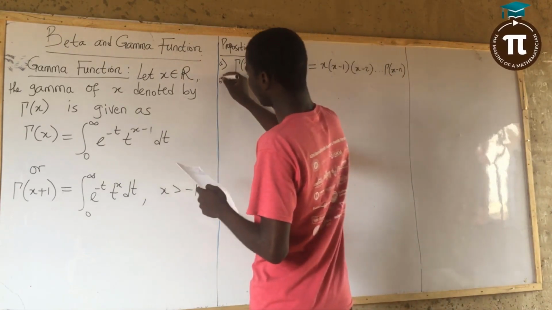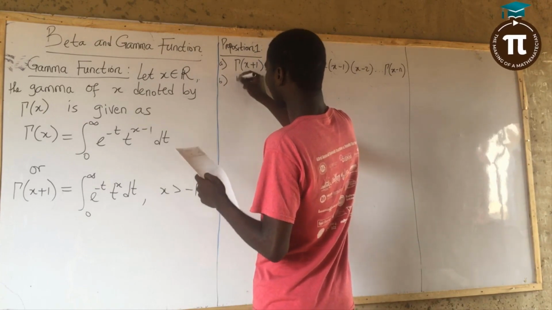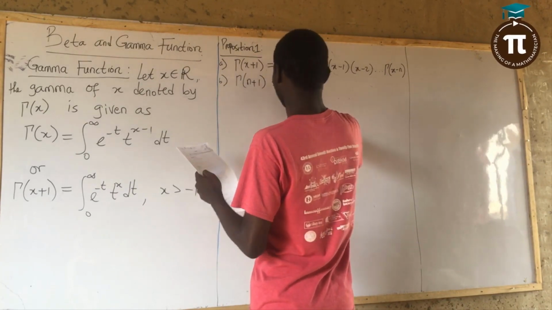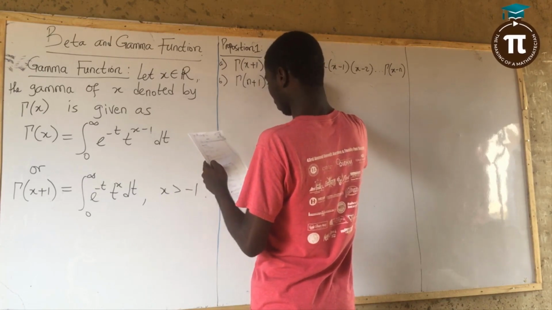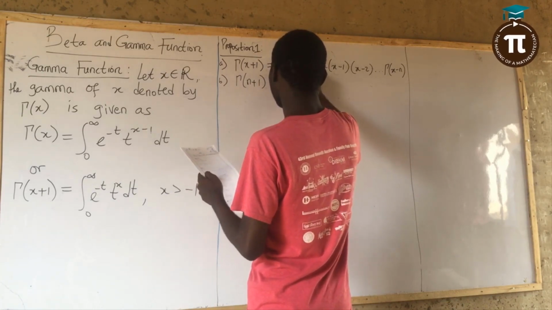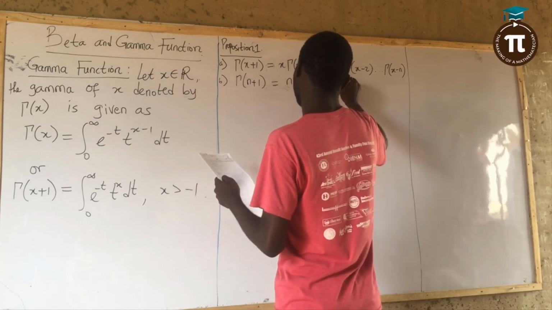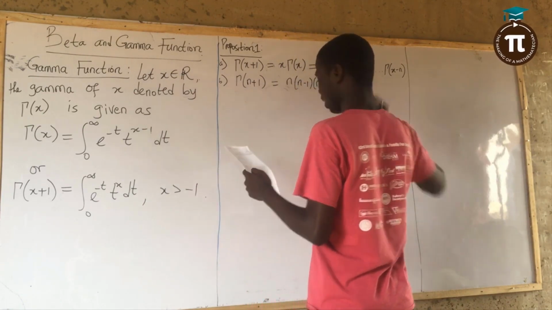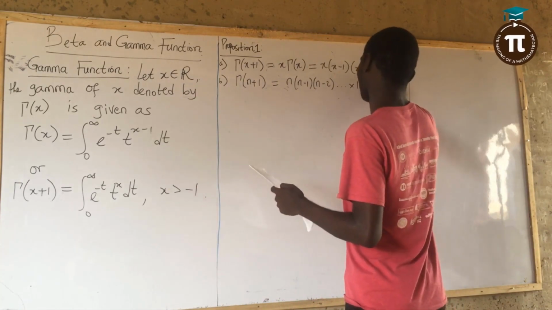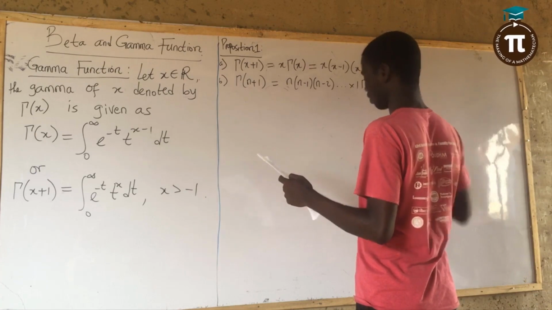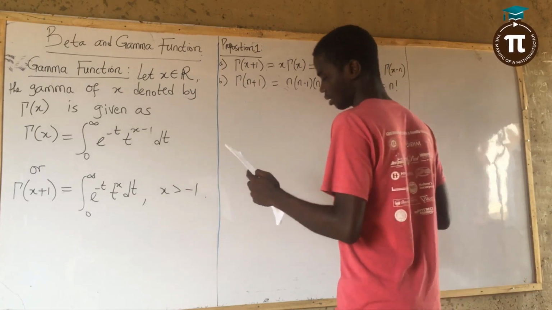And the second one is gamma of n plus 1 will be equal to n times n minus 1, n minus 2 till I get to 1, gamma of 1, which will eventually become n factorial.